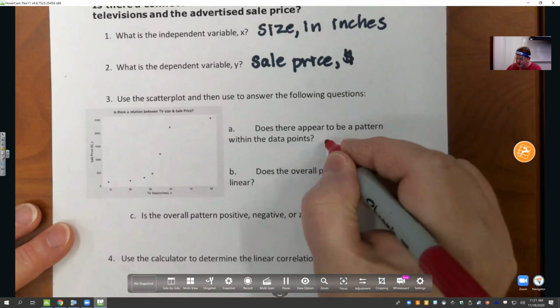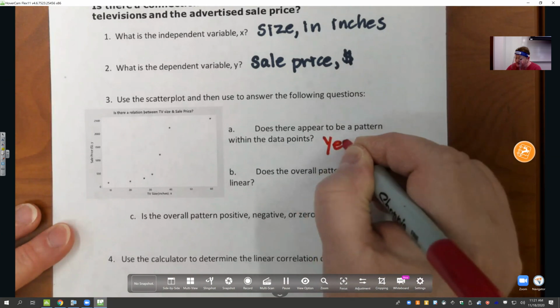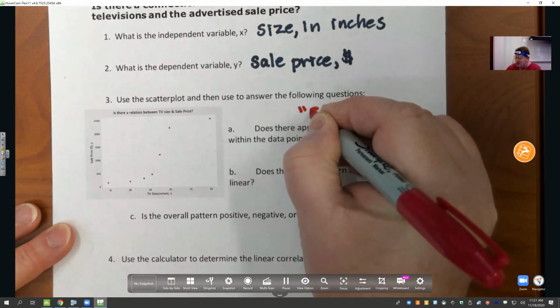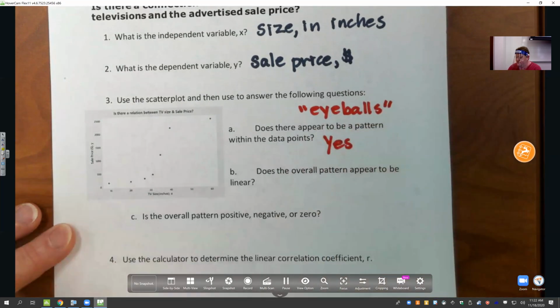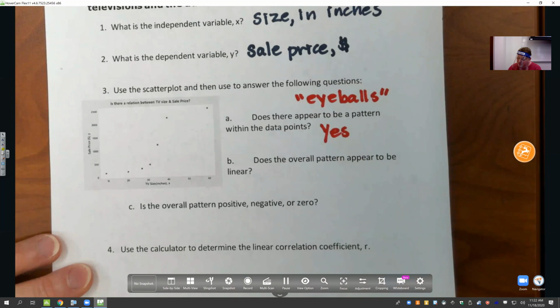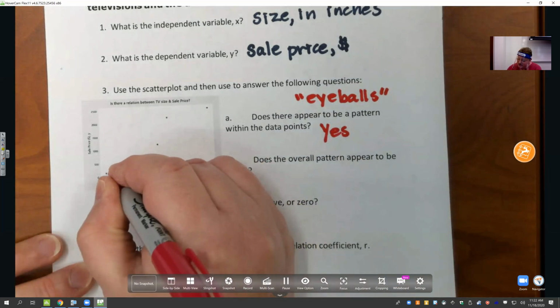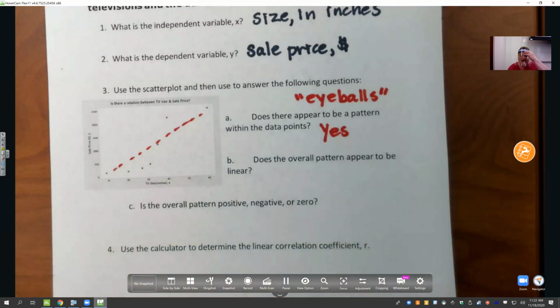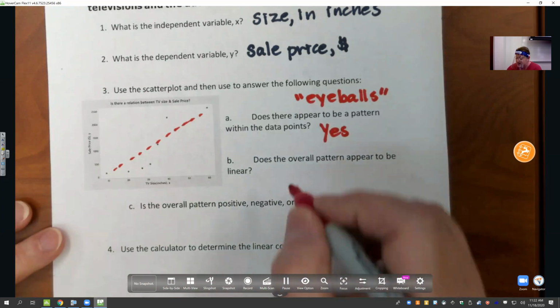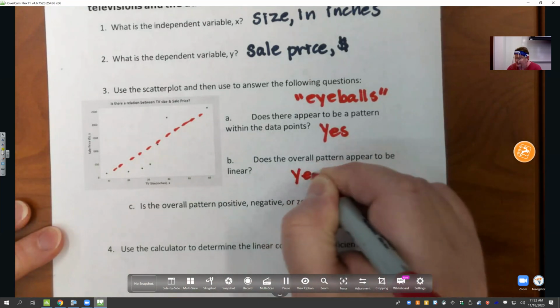And I would say, using my eyeballs, I'm going to say yes. Remember, at this point, we're using our eyeballs. Does the overall pattern appear linear? Could we imagine drawing a line, and I'm just imagining it there, drawing a line through the middle of those points? And I'm going to say, yeah, I think so.